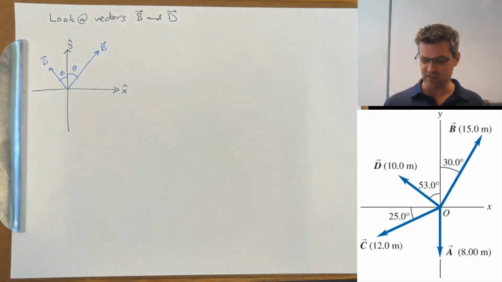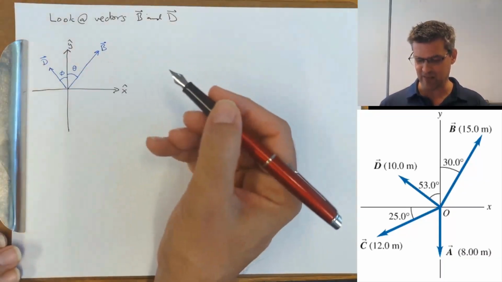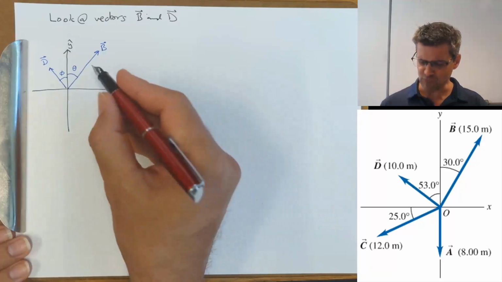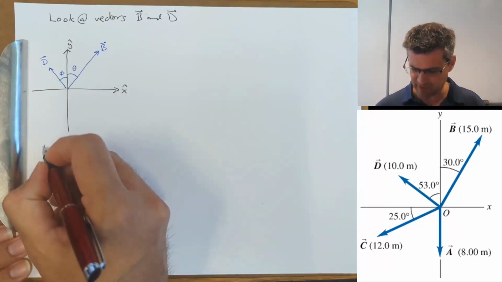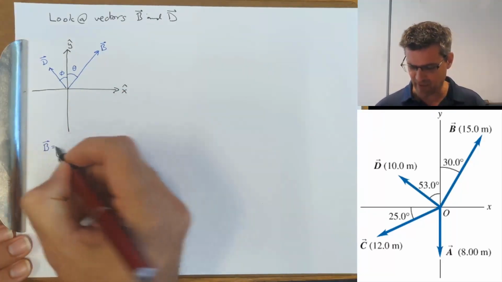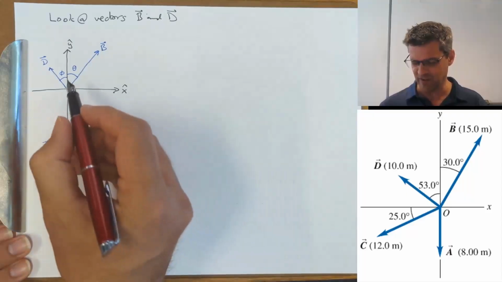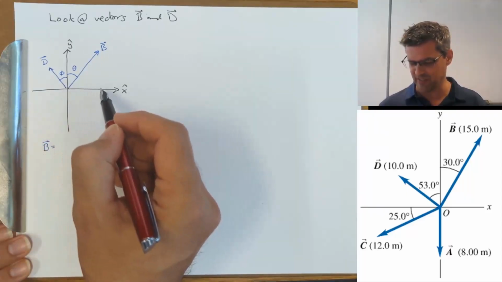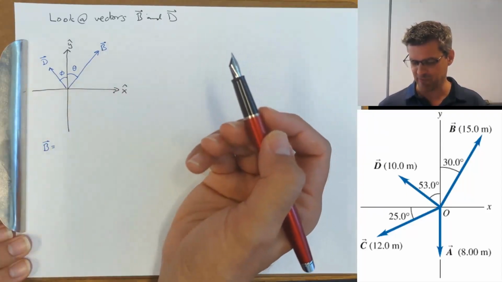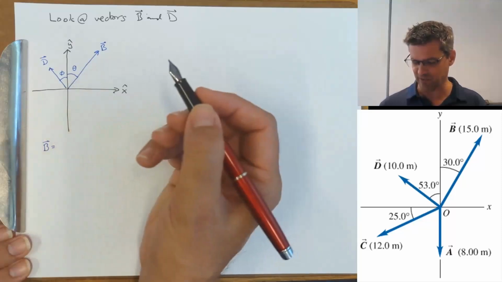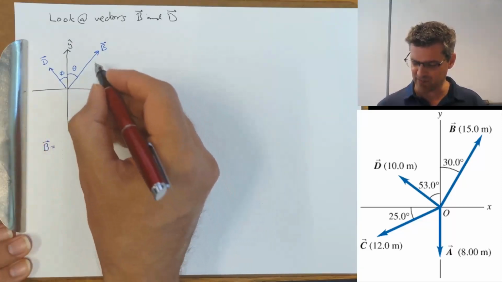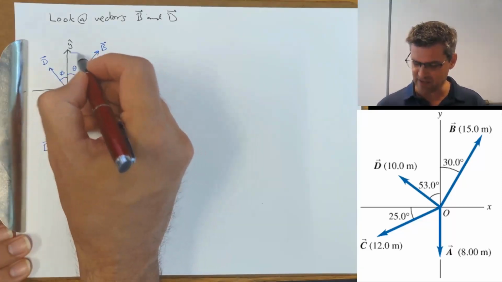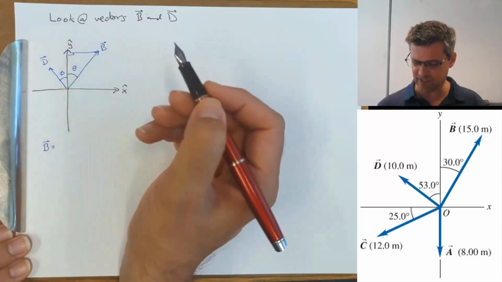But from this, just using trigonometry, we can find out a lot about these vectors. So for example, if we wanted to find out what the components of B are, we see that B is to the right, and B is up. So how do we find out the components? Well, the x component of B is associated with this right triangle here.